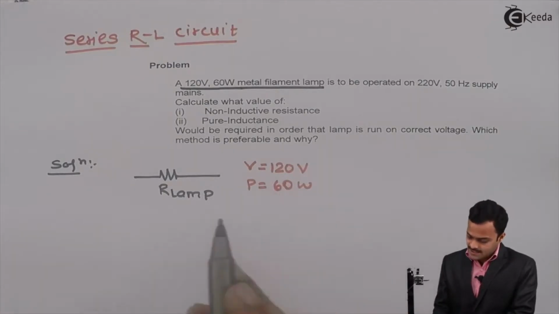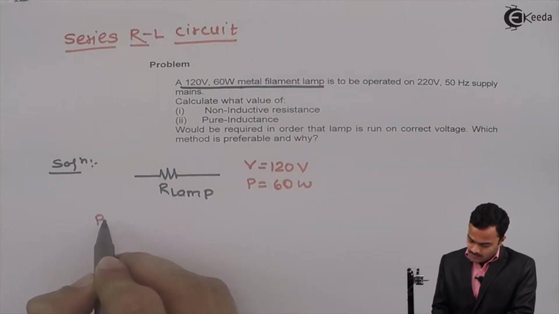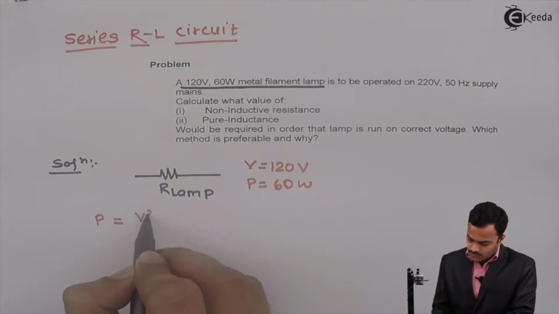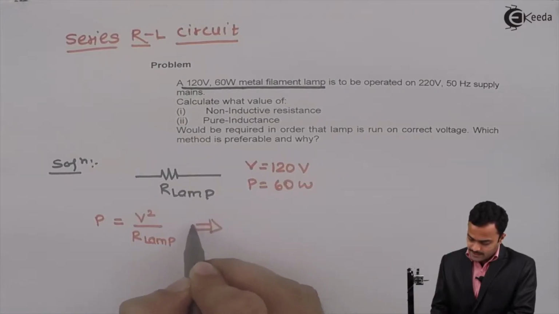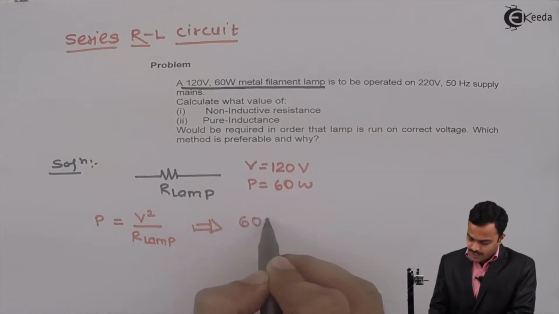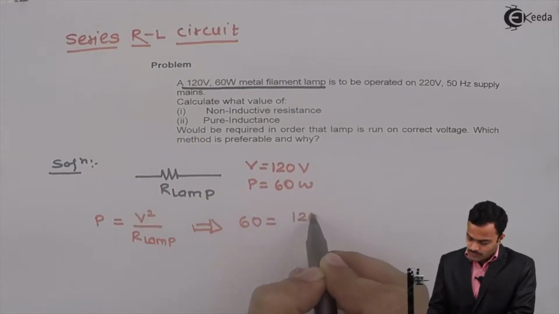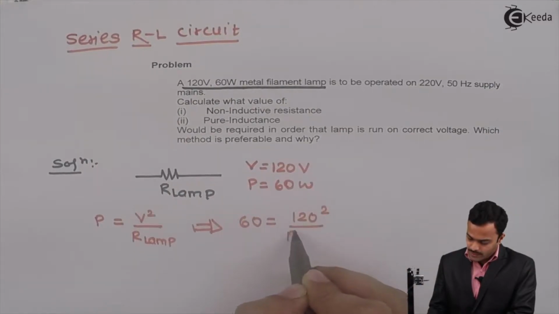So how to get the resistance? We know power equal to V square by R. So this implies 60 watt equal to 120 square divided by R lamp.